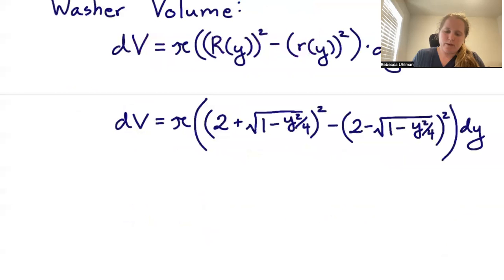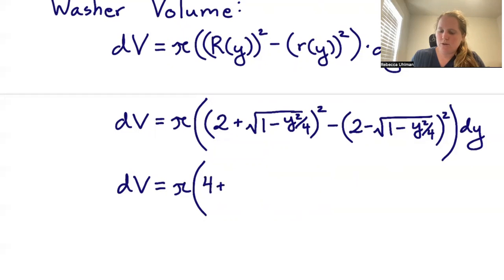Doing a little simplification, we have dV is equal to pi times, that first square becomes 4 plus 4 times the square root of 1 minus y squared over 4 plus 1 minus y squared over 4.